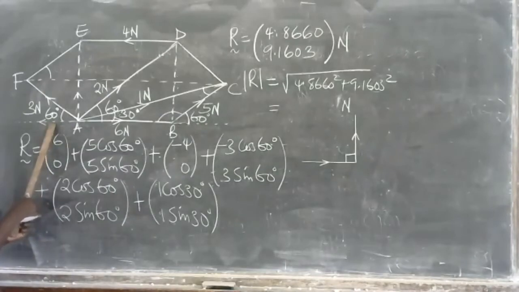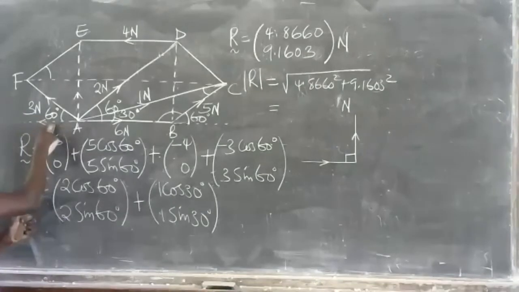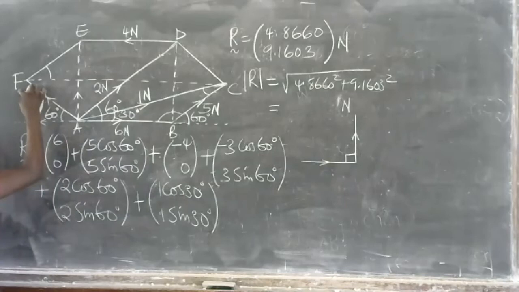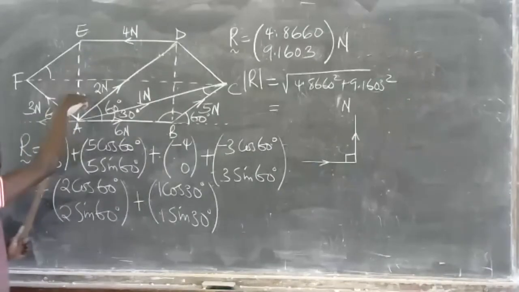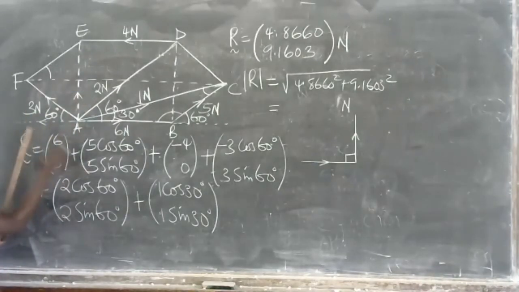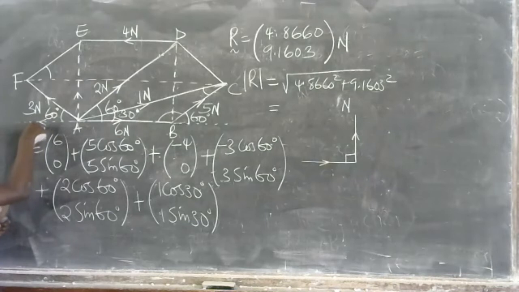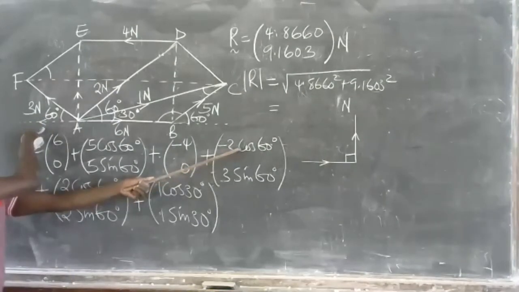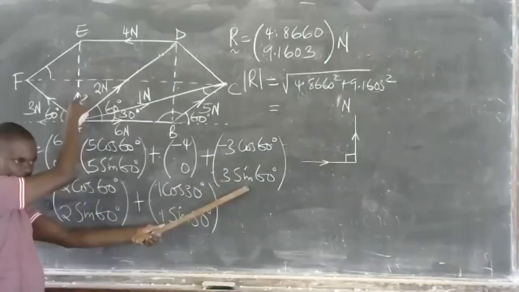Using exterior angle 60 degrees, we have the force moving out of A, and so should the components. X is negative and Y upwards is positive. And this component is adjacent to 60, that's why it goes with cos. So we have negative 3 cos 60, and Y is positive 3 sine 60 degrees.